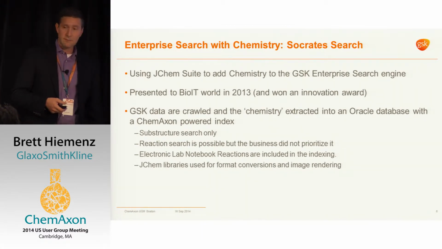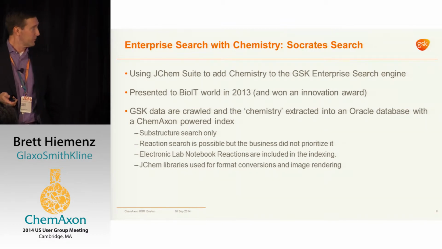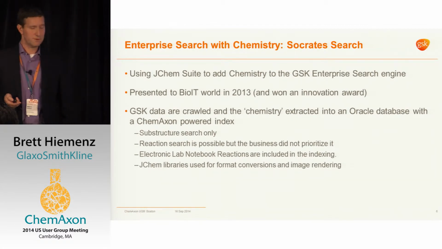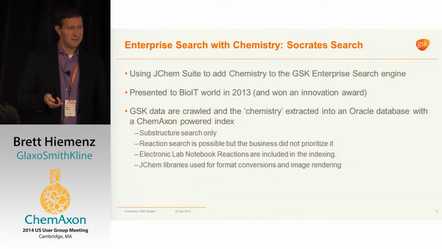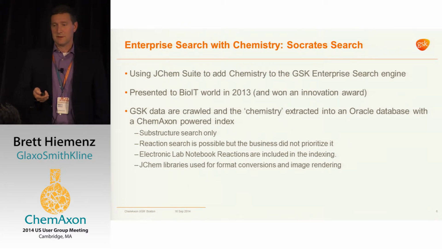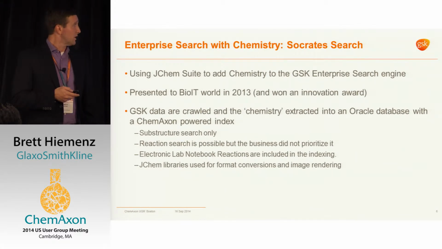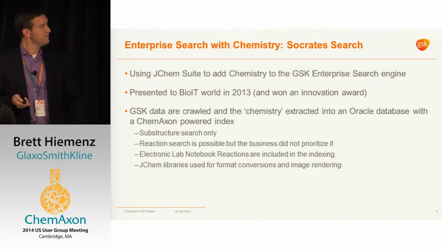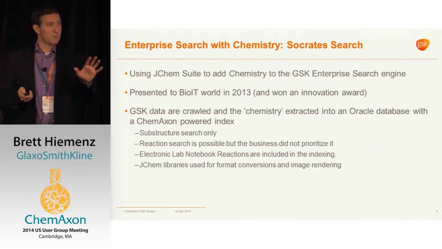And again, JChem libraries were used both for the format conversions and for the image rendering. So this has been used for things that we never really anticipated. I mean, even though this came from essentially early stage, up to development, this has been used all the way up to patents.